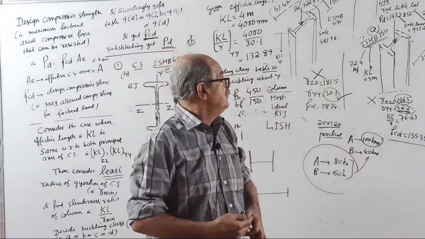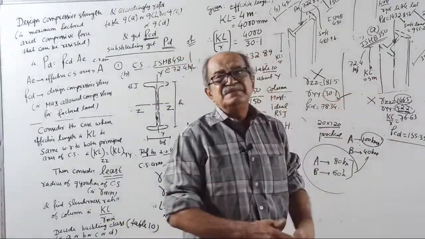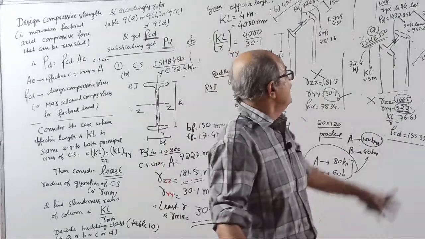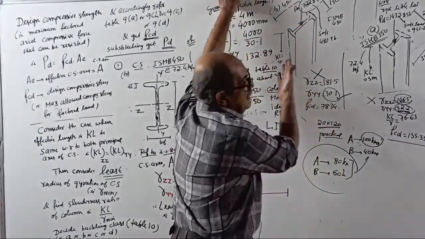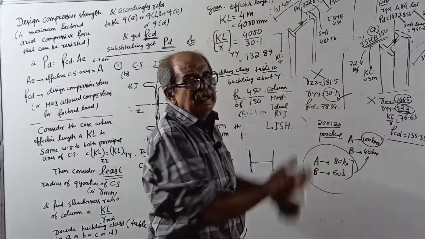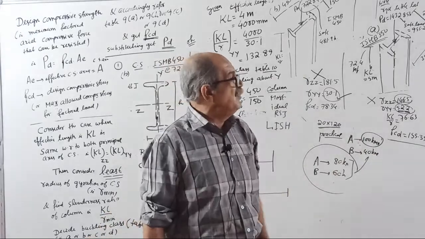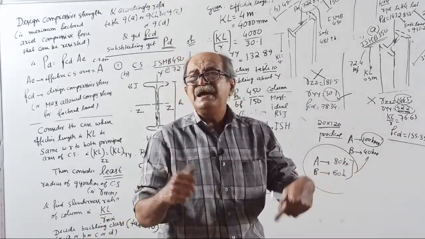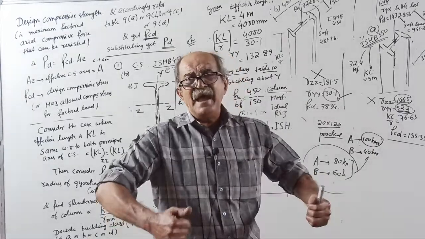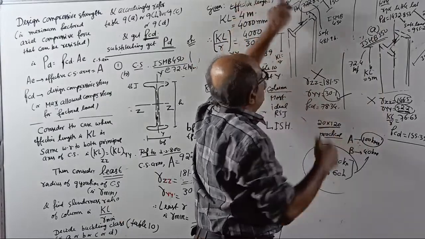But remember, make a note. Now, ISHB is enjoying. It is telling ISMB, I am so strong, you are very weak. I have the same area as you, everything is the same, but when it comes to capacity, I can take 1432 and you can take only 722.